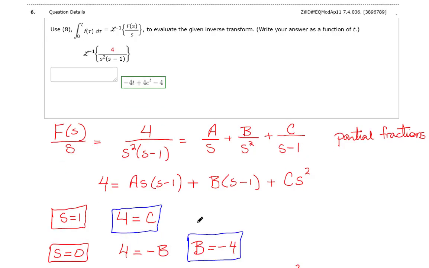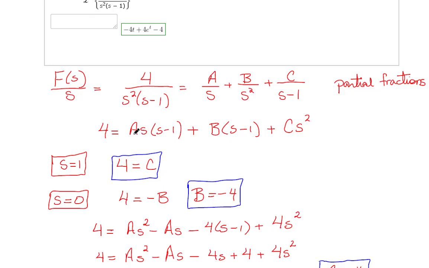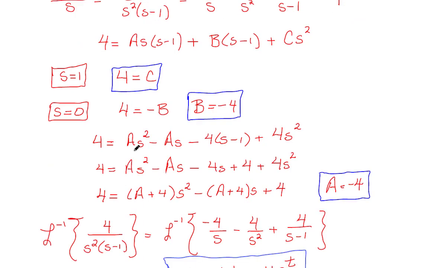When we go about figuring out A, B, and C, you can let s be 1, s be 0. That'll get you B and C. That won't get you A, so to get A, what I did is I filled in B and C, and then looked to match coefficients.